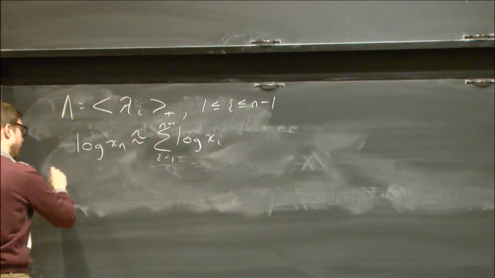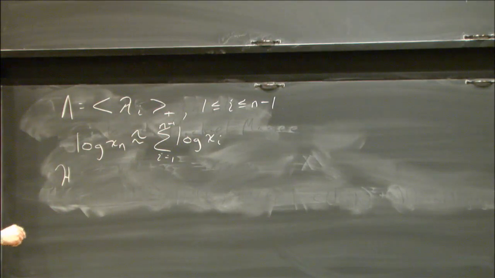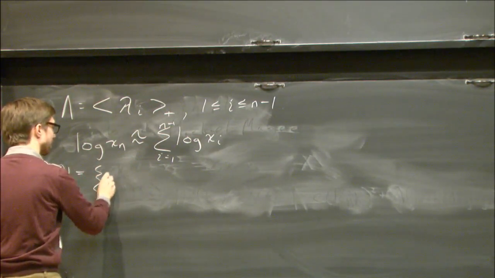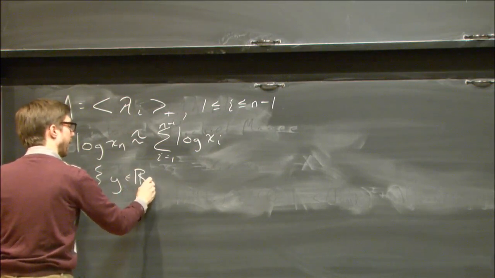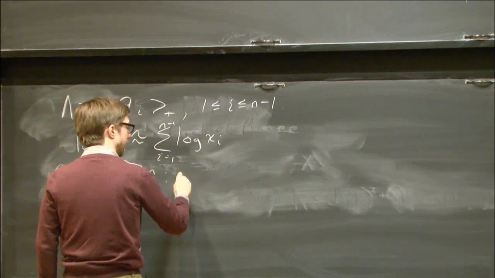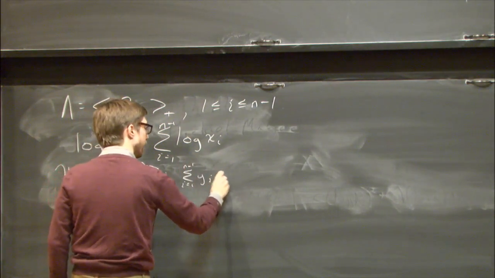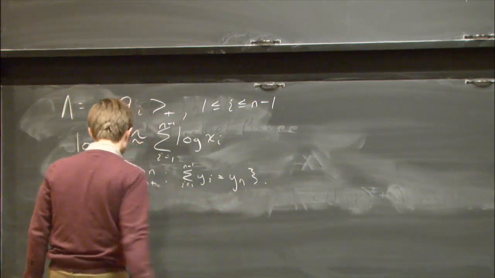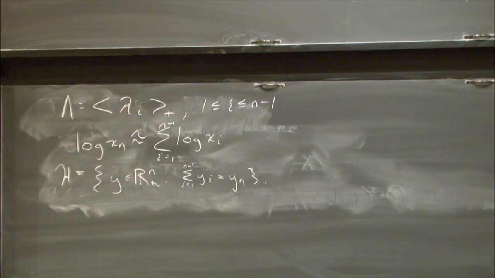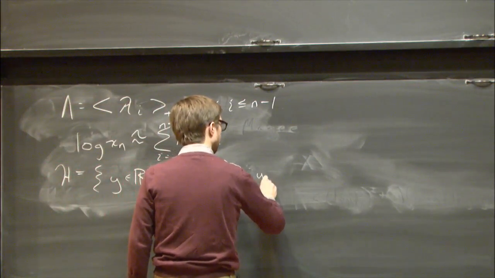So I'm led to study the following hyperplane in R^n, where I look at positive real n-tuples that satisfy the equation that the sum of the first n minus 1 coordinates is equal to the nth coordinate. And here I want the yi to be non-decreasing.